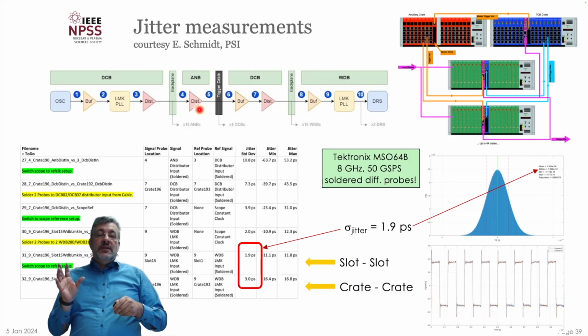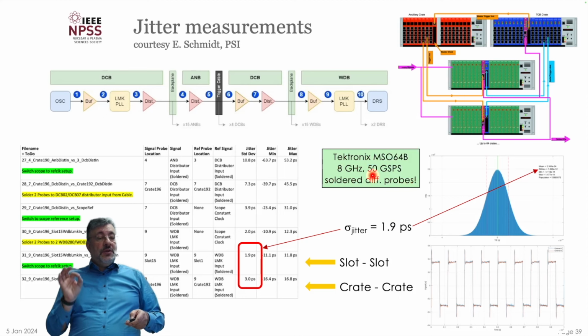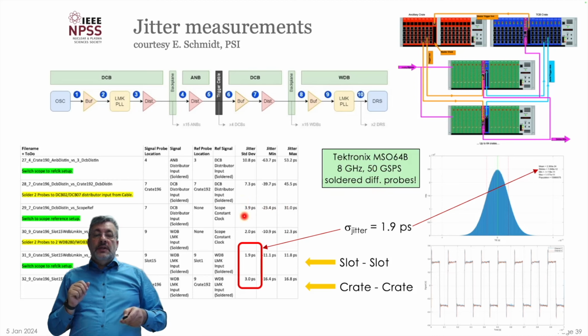So we measured the jitter between all these points in this table, and the jitter measurement is not very easy. So actually we only could do reliable measurements if we use differential probes on a high-speed oscilloscope and actually solder the probe to the measurement point to have stable conditions. So here you see the list of the measurements, and the important ones are those here.